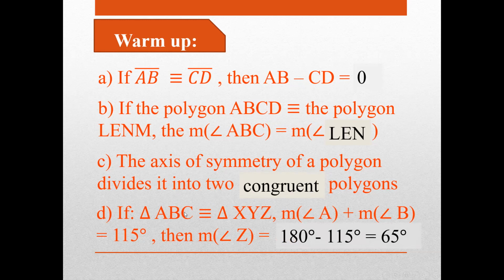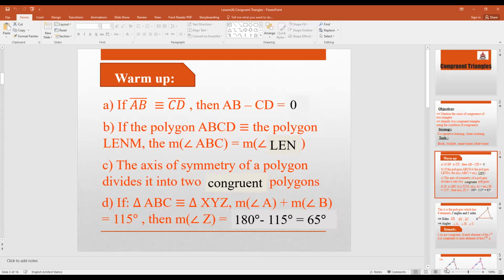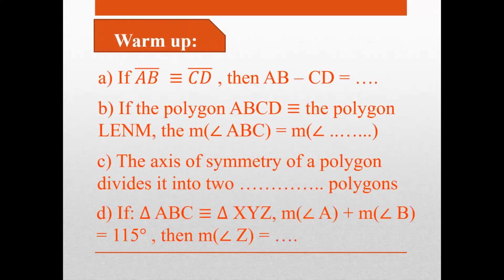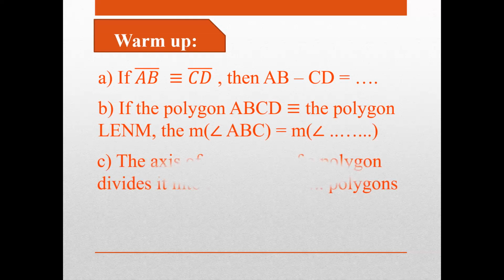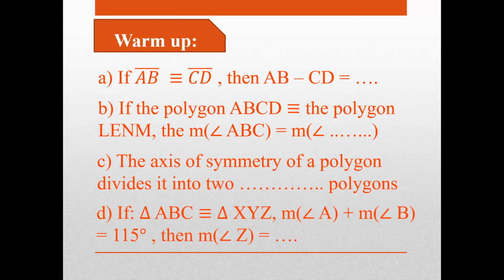If the two triangles are congruent, then angle C, the third letter, is congruent to the third letter. If triangle ABC is congruent to triangle XYZ and the measure of angle A plus the measure of angle B equals 115, then the measure of angle Z equals, as we say that ABC is a triangle and the sum of the measures of the interior angles in any triangle is 180, then angle A plus angle B plus angle C is 180 degrees.